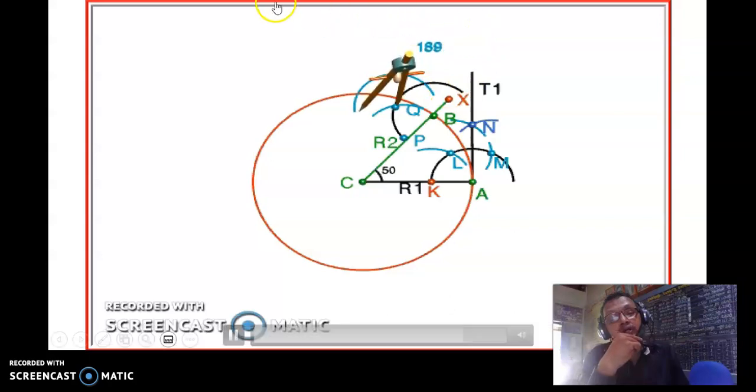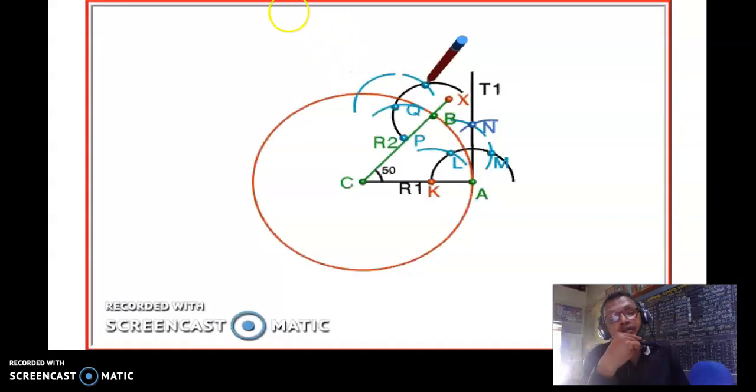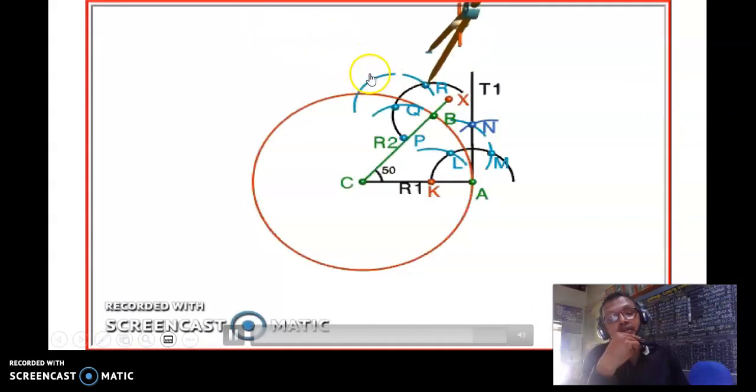Now this point is R. Now with the same radius from R cut the semicircle, which intersects at a point, say S.